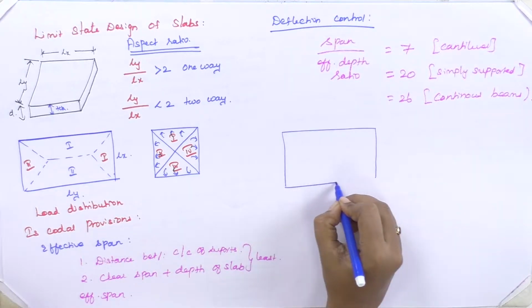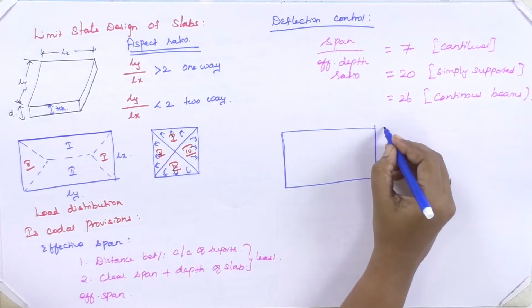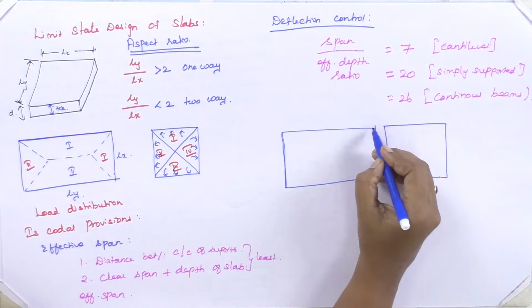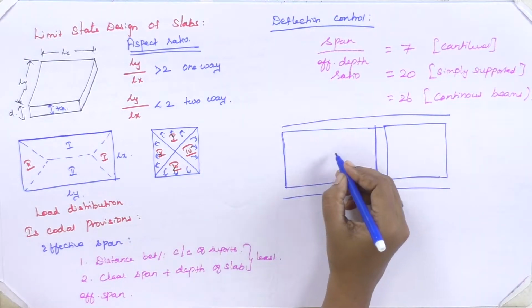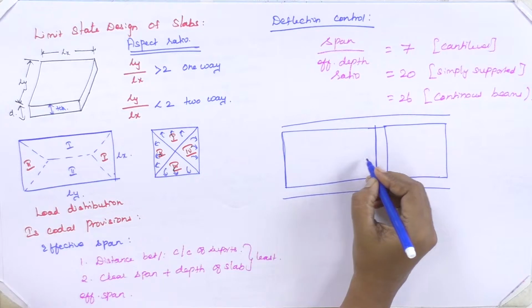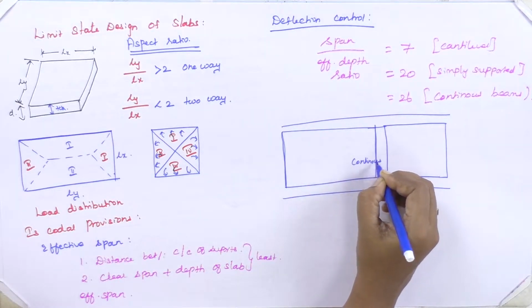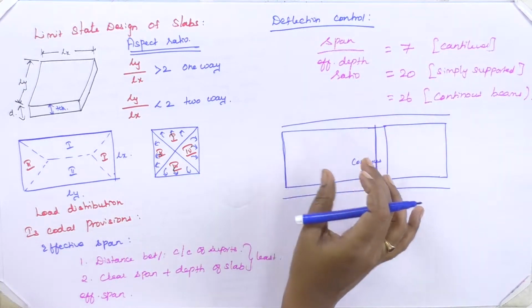Then this is the slab, and these are called edges. When one more slab is there, you can call this continuous slabs, or else only one slab is there.